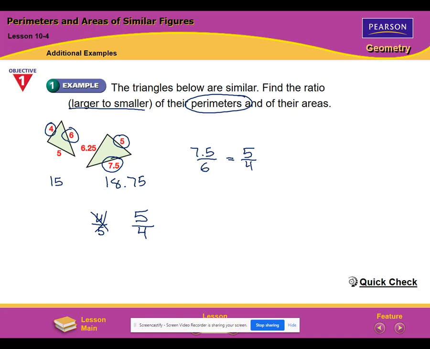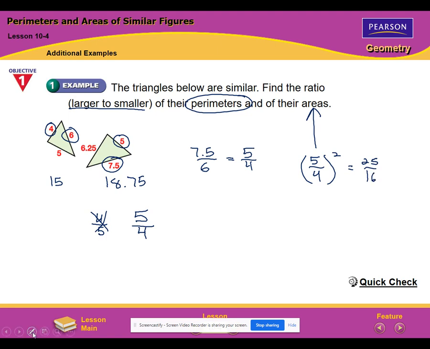And then quickly now, you don't have the ability to calculate the areas of either one of these triangles again because that's not a right triangle. You couldn't plug in to 1/2 base times height here because that other side is not a height. But it doesn't matter because of our theorem. Our theorem would give me the ratio of their areas, which would be 5/4 squared, which is 25/16.